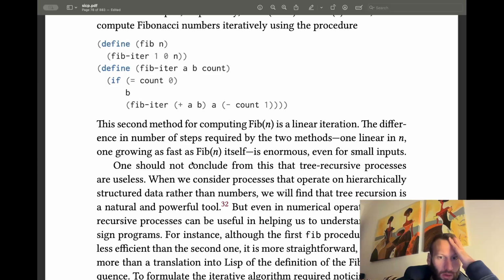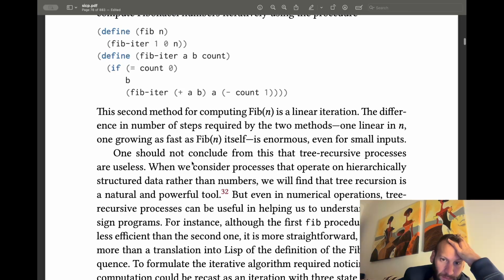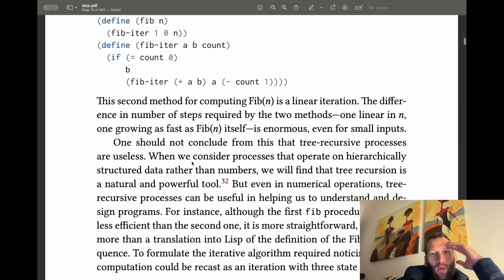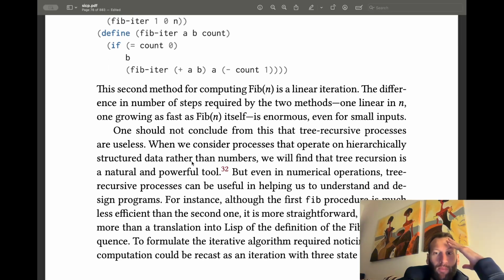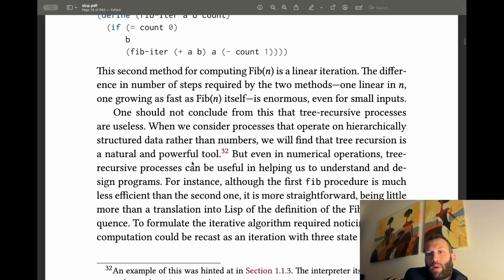One should not conclude from this that tree recursive processes are useless. When we consider processes that operate on hierarchically structured data rather than numbers, we will find that tree recursion is a natural and powerful tool. But even in numerical operations, tree recursive processes can be useful in helping us to understand and design programs.